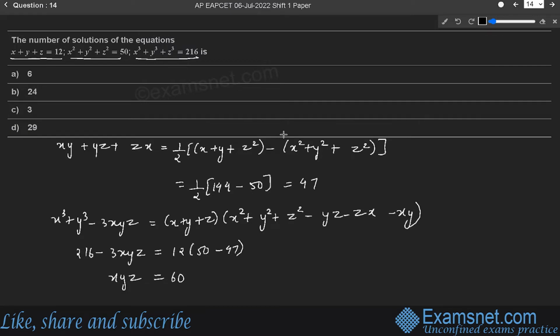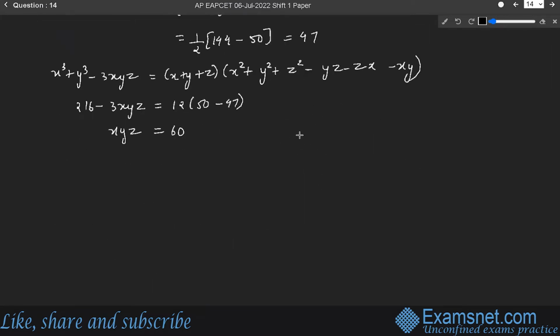Hence, the given equation reduces to x plus y plus z is equal to 12, yz plus zx plus xy is equal to 47, and xyz is equal to 60. Now, the solution set in this case will be, we have to write the number of solutions here.